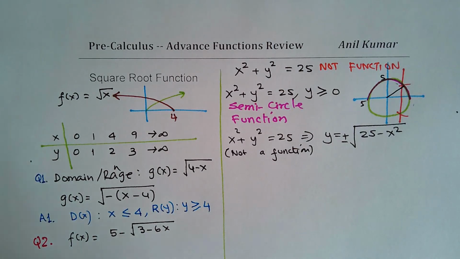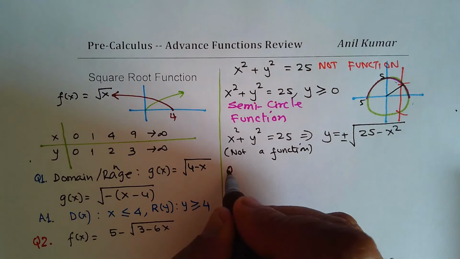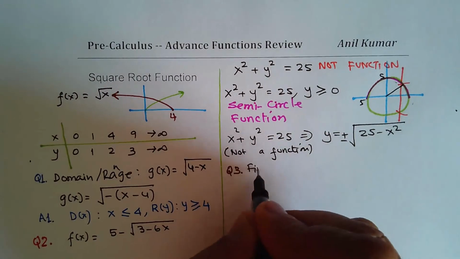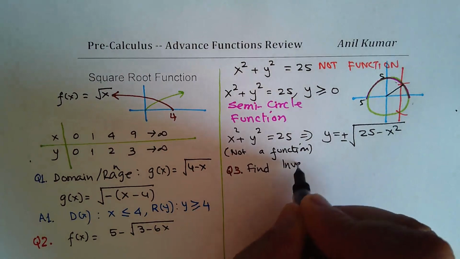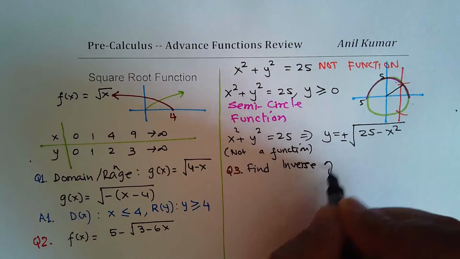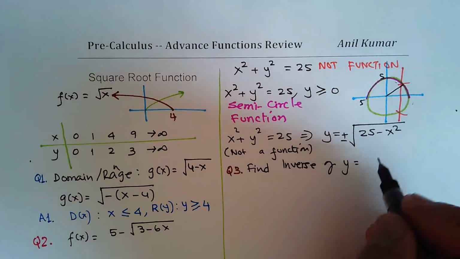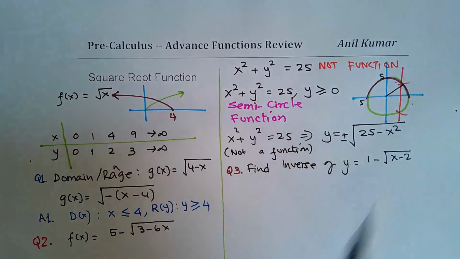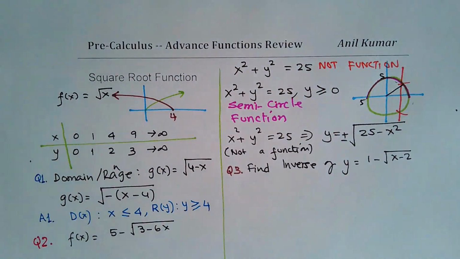Now the question for you here, which is normally a test question, is to find the inverse of y equals 1 minus square root of x minus 2. So you have to find the inverse of this function and write down your answer.